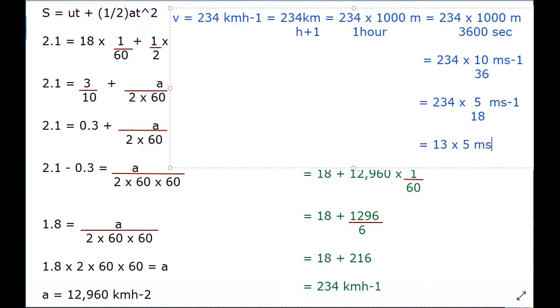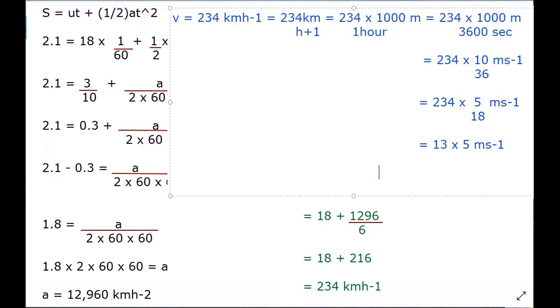The unit is meter per second, right? So what is 13 times 5 here? 5 times 12 is 60. Therefore, 5 times 13 is 65. Am I right? 65 meter per second.